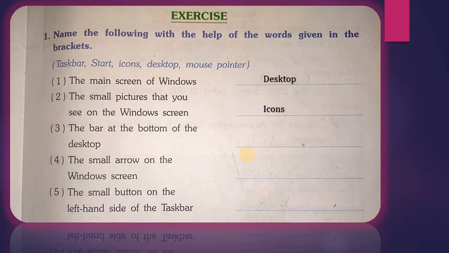Now see the third one, the bar at the bottom of the desktop. Now it is so easy, because in every lecture I tell it: the bar at the bottom of the desktop is called the taskbar. For example, this is our monitor screen, this is our desktop screen.